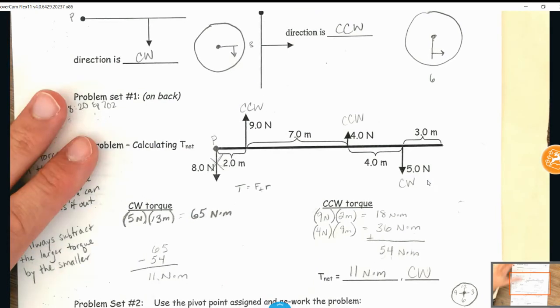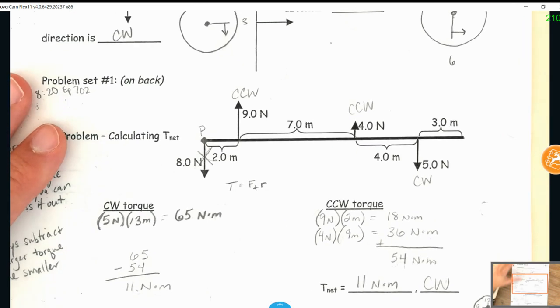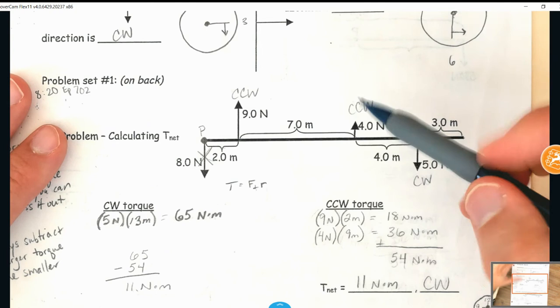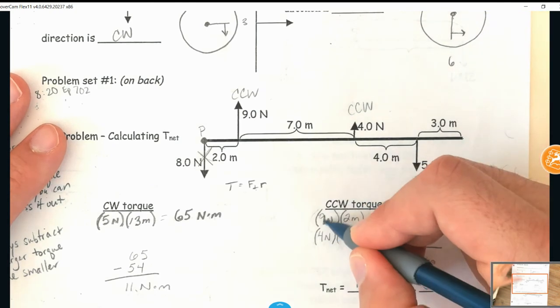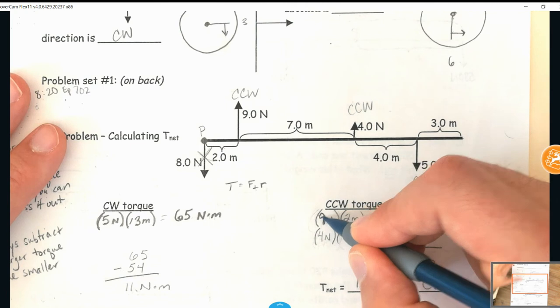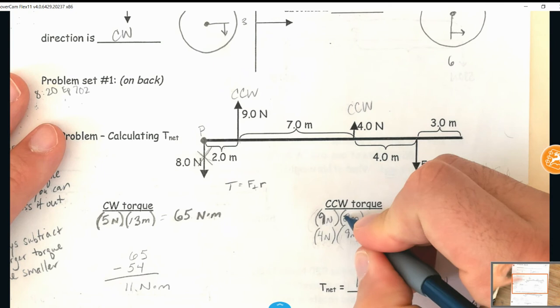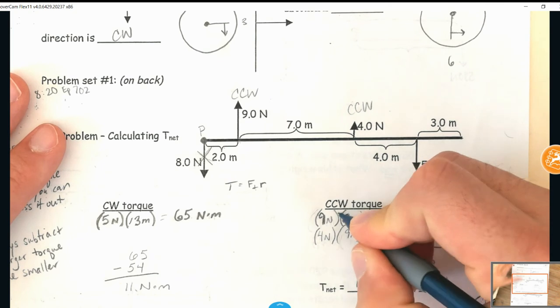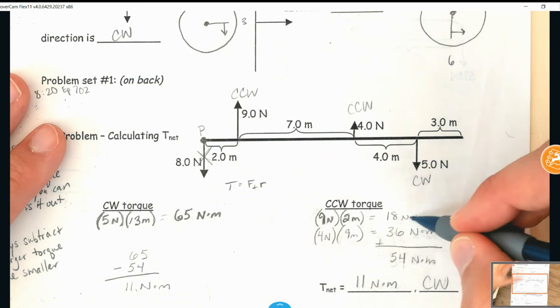Then you do the same thing for the counterclockwise forces. Our counterclockwise torques are the 9 Newton and 4 Newton forces. The 9 Newton force is only 2 meters away from the pivot point, so multiplying those together, we get 18 Newton meters.